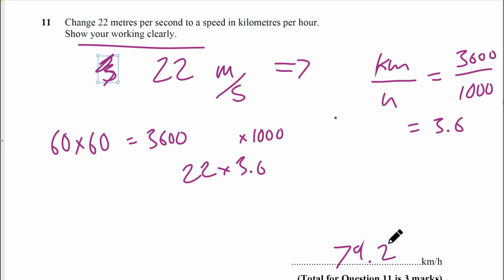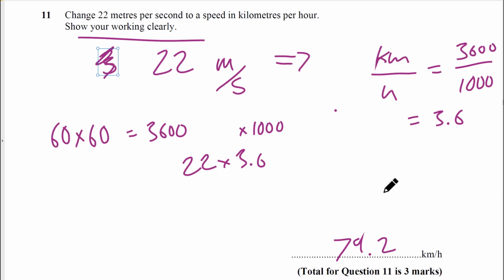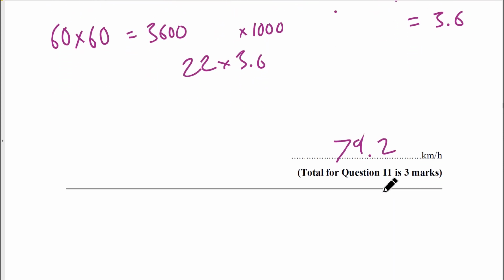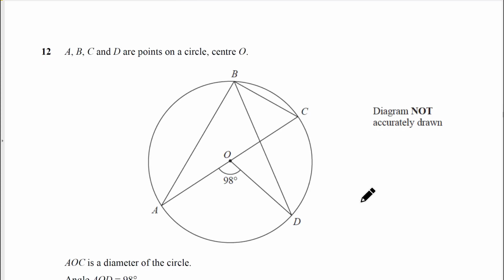Now let's think of another way to show you how to do this. No, I think that's just fine. That would make sense as well. Do show your method to get some method marks.